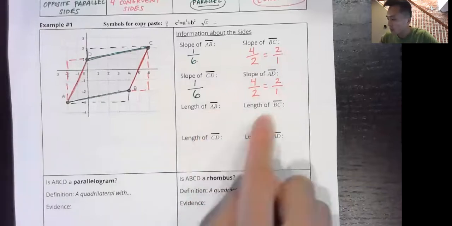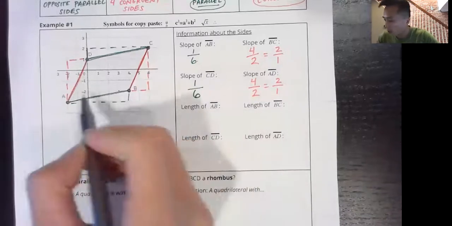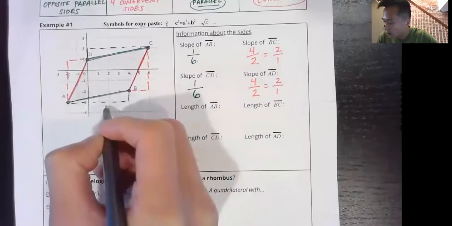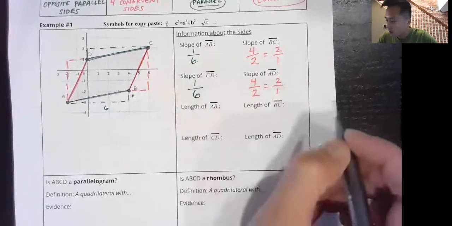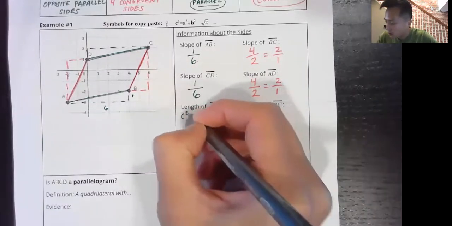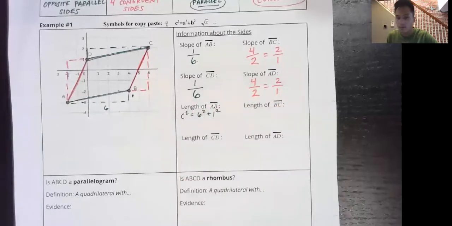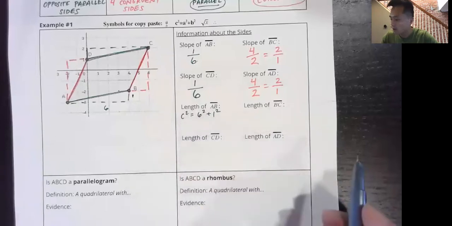Now let's figure out the lengths of each of these sides. Well, the length of AB, I can use my slope triangle because I know it's 6 units this way and 1 unit that way. So if I use the Pythagorean Theorem, where C is the hypotenuse, I know that C squared is equal to 6 squared plus 1 squared. Hypotenuse squared is equal to leg squared plus leg squared.